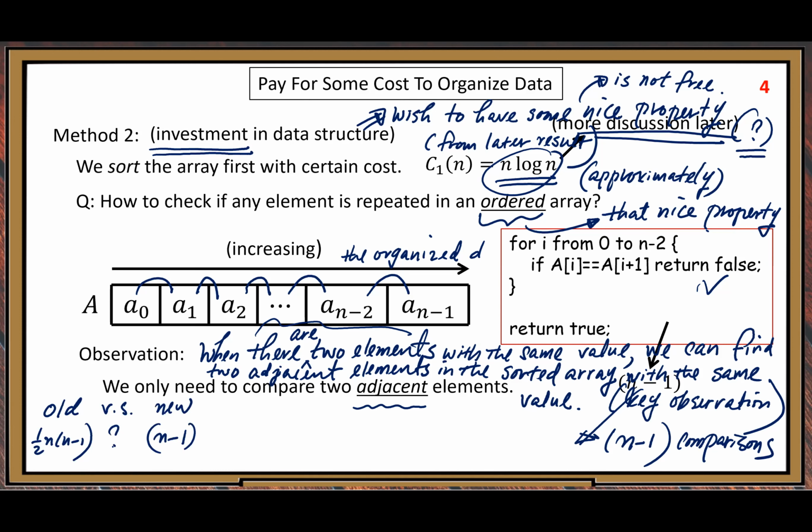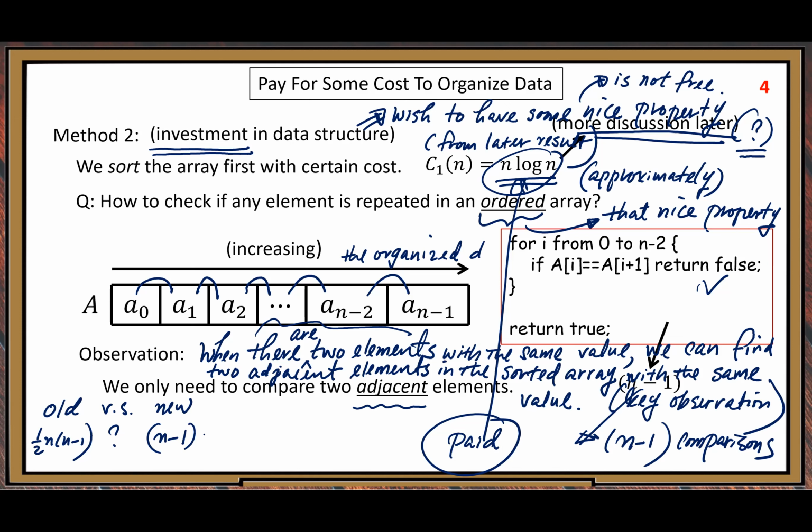Big reduction in the number of comparisons, right? A huge improvement. But don't forget, we paid that cost before. That cost is not free. That's a pretty high cost. We pay that.